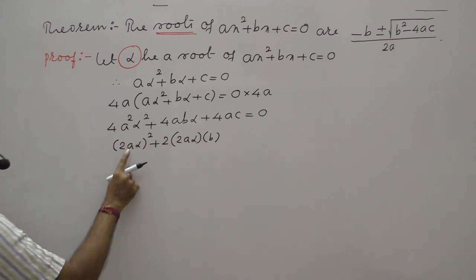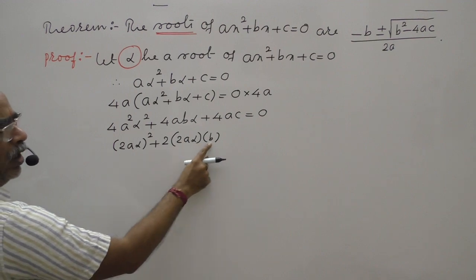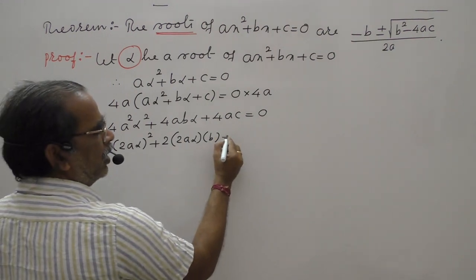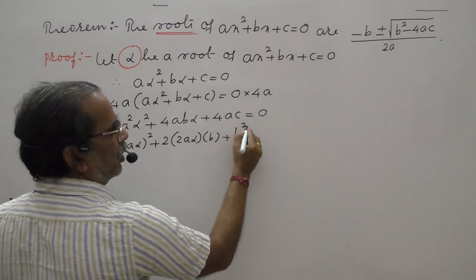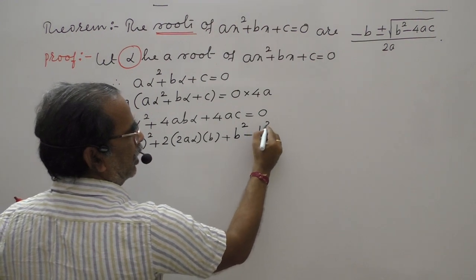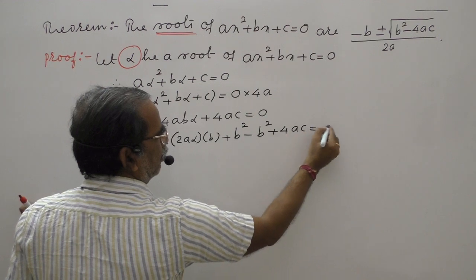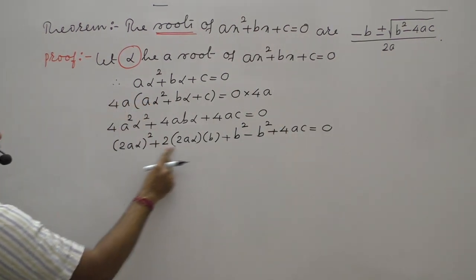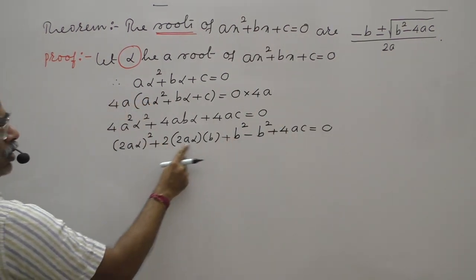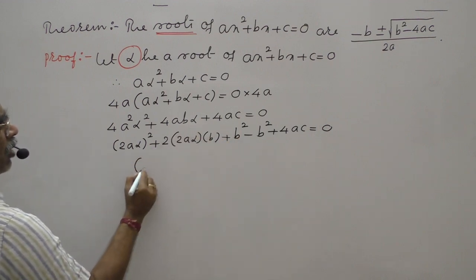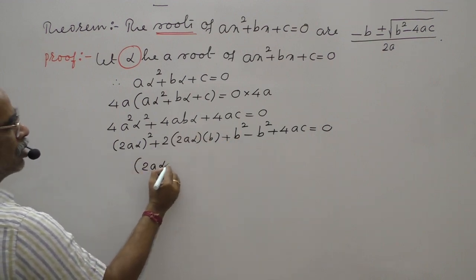Now it is of the form a square plus 2ab. If b square is there, you can write it as a perfect square, but b square is not there. Therefore, adding and subtracting b square. Now the first three terms, a square plus 2ab plus b square, becomes (a plus b) whole square.